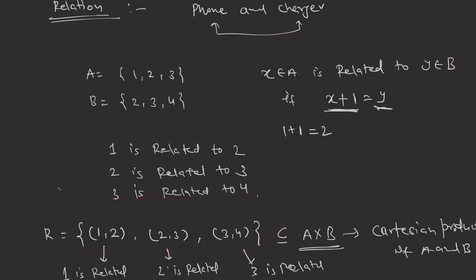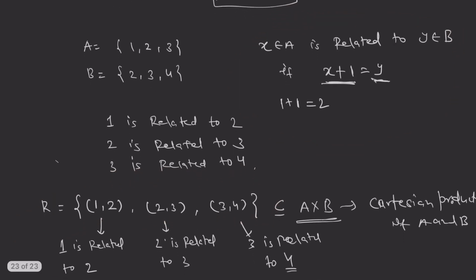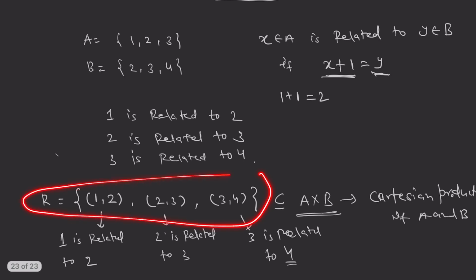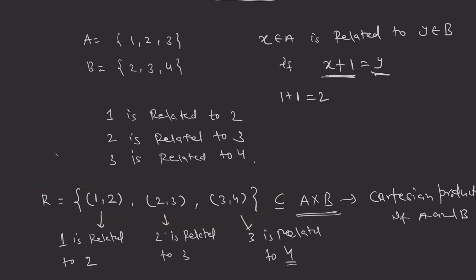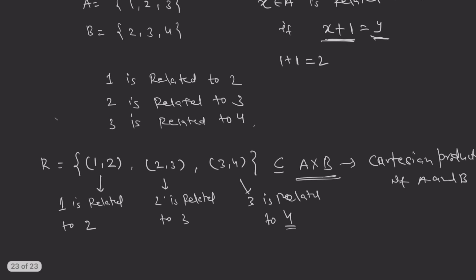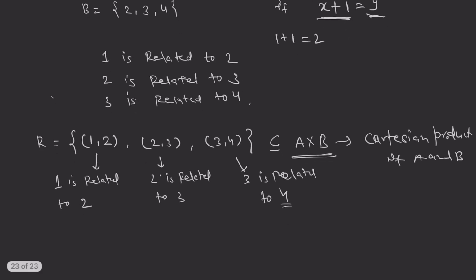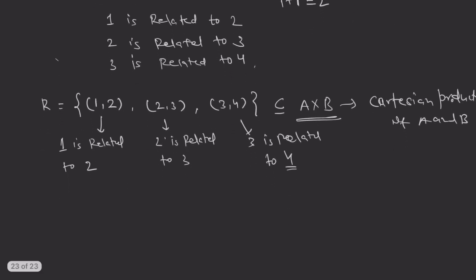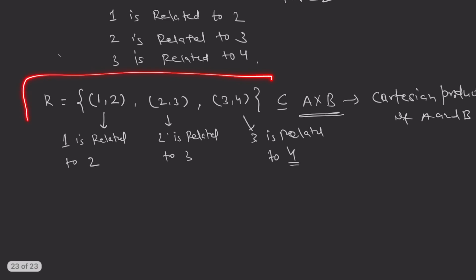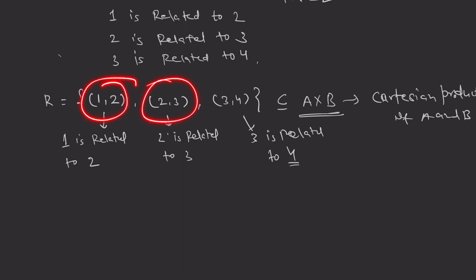Now, can I define a relation from a set? I can, but I don't know the relation. What is the relation? But I can define it as a relation. Like from this set, I don't know the above relation, but I know that this is the given set, which contains ordered pairs. So I want to define a relation. How can I define a relation?